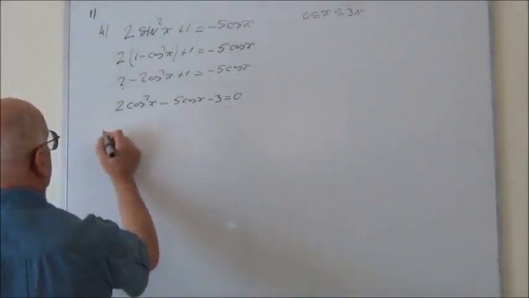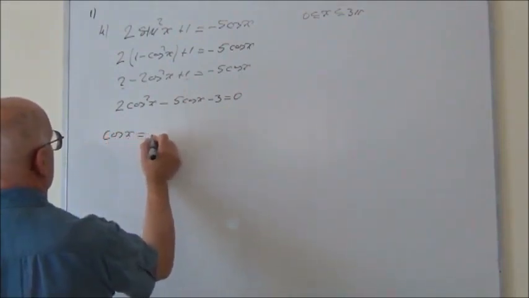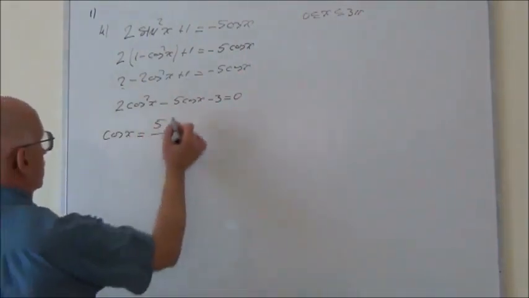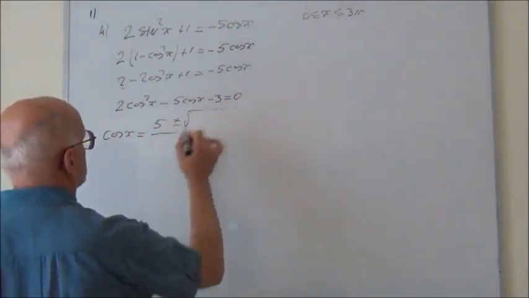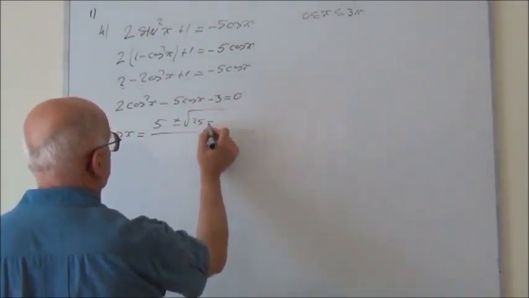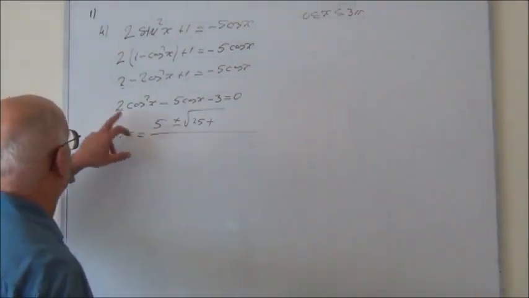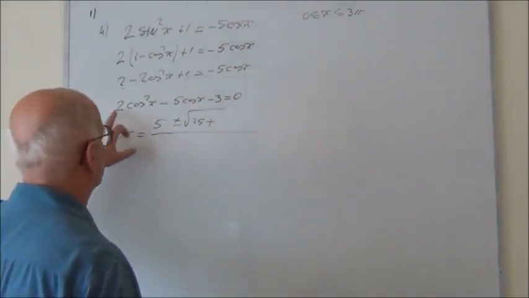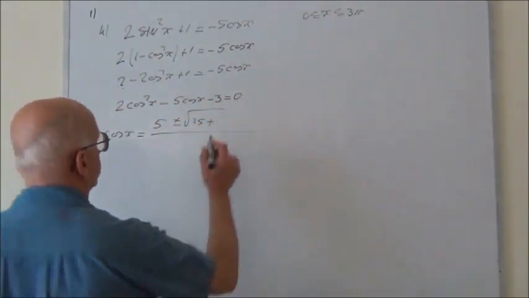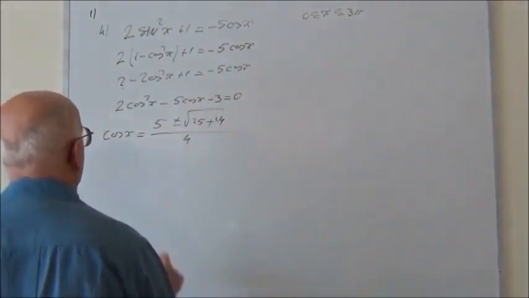And then quadratic equation, then cos x equal, quadratic formula will be 5 plus or minus square root 25 minus, but because of this minus will be plus, 2 times 4 is 8, 8 times 3 is 24, divided by 4.